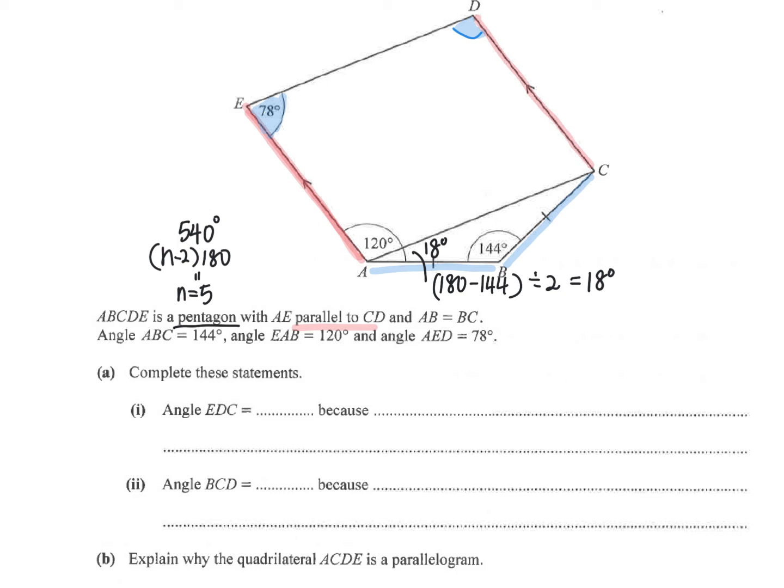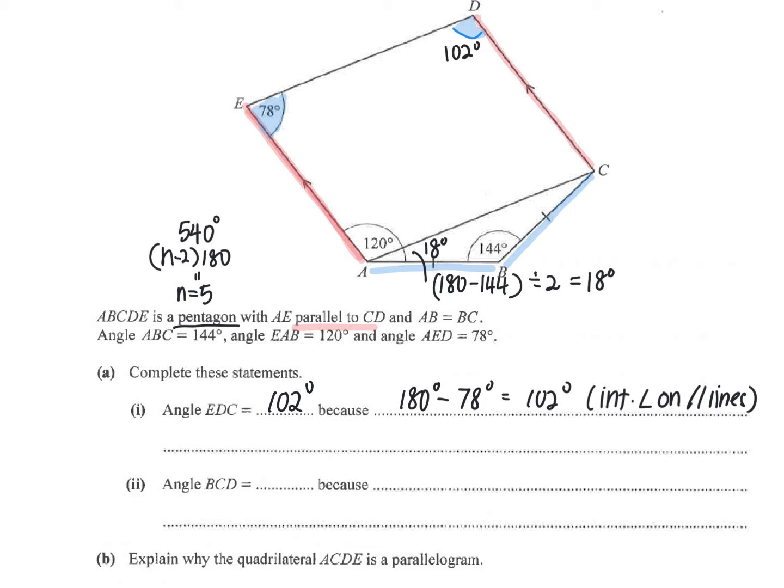That means angle EDC is given by 180 subtract 78 degrees, that's 102, because of interior angles on parallel lines. Okay, so this one is the angle 102 degrees.